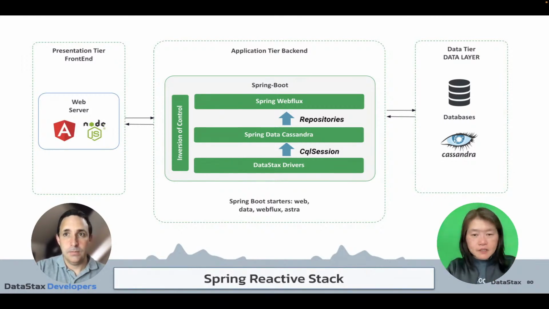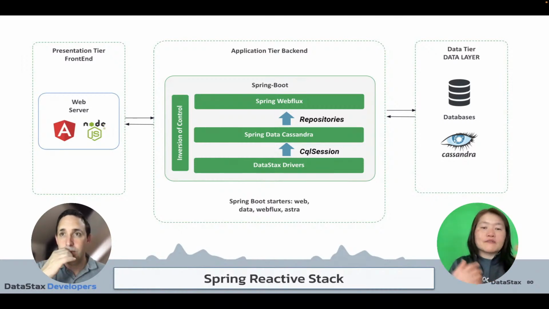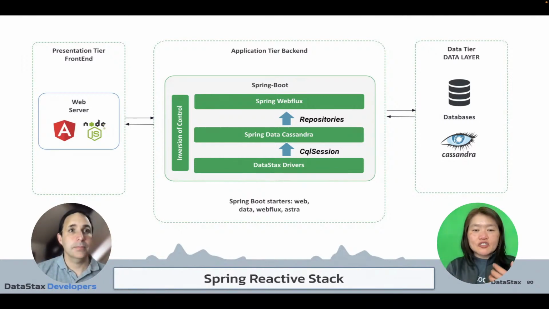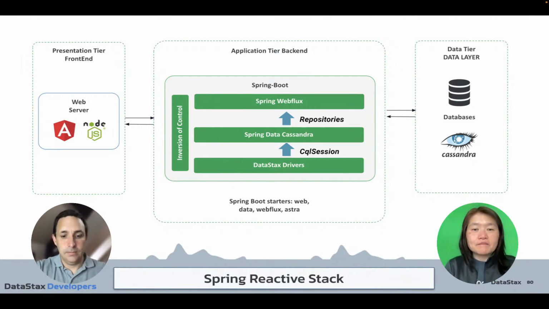It's essentially the Spring Boot application that has the reactive side of things, interacting with Cassandra through the CQL session. And then all through inversion of control, injecting resources as they need them, a dependency injection way of doing things. Then they serve data to the front end, the presentation, Angular, Node, or anything, in fact.